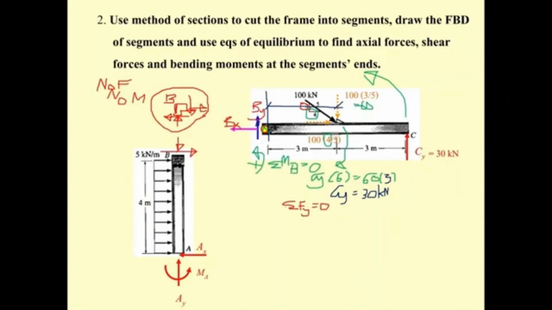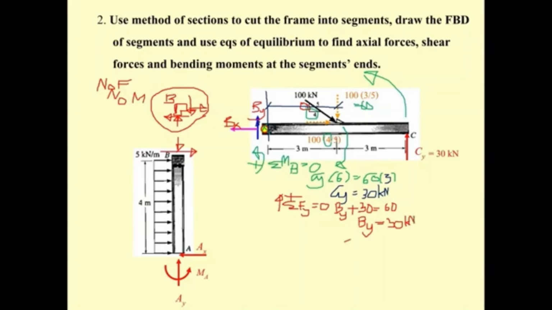Up is positive, so our B sub y, up 30, is equal to the downward 60, and the B sub y is going to be 30. It's understandable because the 60 kilonewton is at the middle of the beam, so it will transfer half to the left and half to the right. So each of them gets 30 kilonewton.